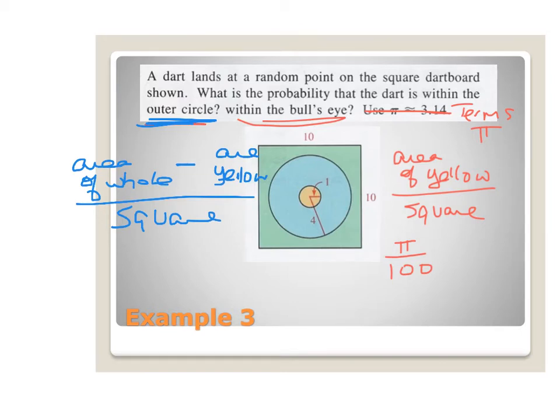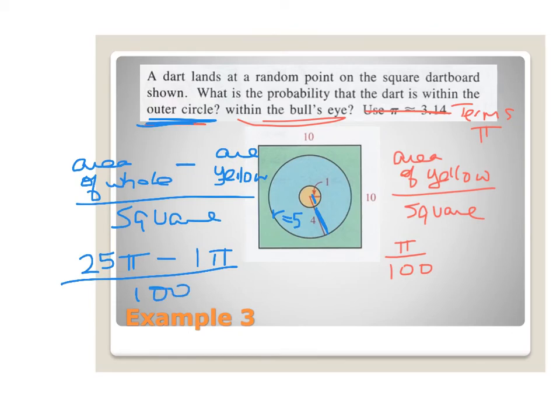For the area of the whole circle, notice that the blue part right here is 4, and the yellow circle has a radius of 1. So the whole circle has a radius of 5. I'm going to do pi r squared. So the whole circle is 25 pi minus the yellow circle, which is 1 pi, over the 10 times 10.